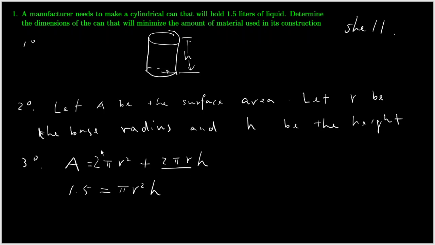You need to recall the thing. But again, the first formula is the formula for computing the surface area of the cylinder. The second formula is for computing the volume of the cylinder. 1.5 is in liters. Now I want to make R and H, the radius and the height, in decimeters. In step 3, we have two relations, right?